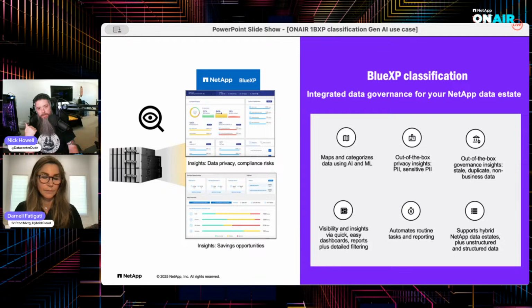It'll at least tell you that you're out of compliance, where you can move that back to maybe an on-prem archive or a smaller S3 bucket or something like that, so that it's not sitting there consuming expensive AWS storage.